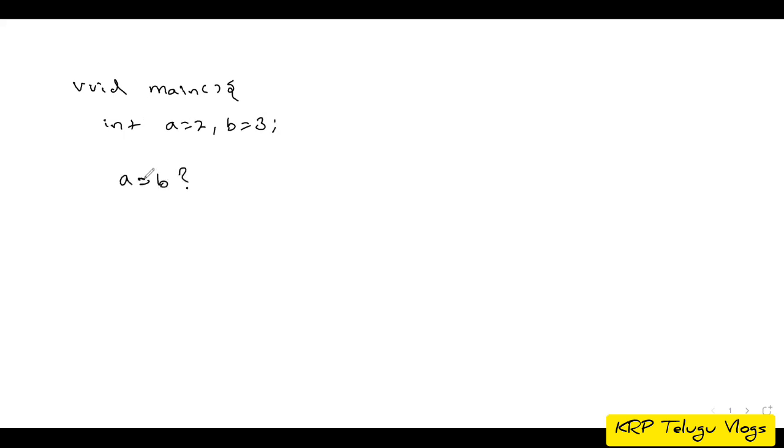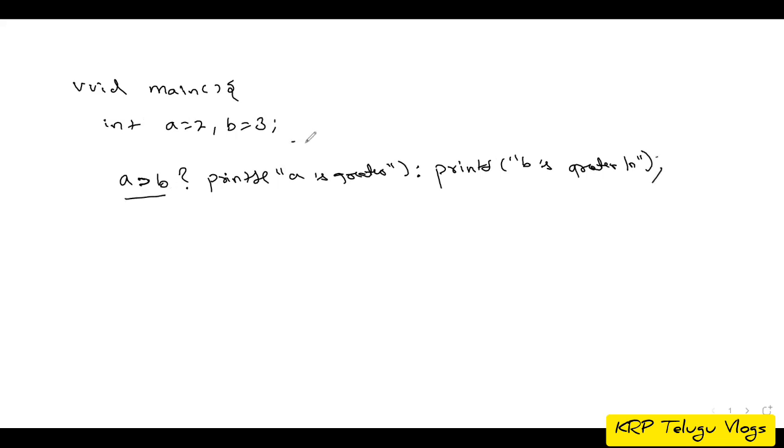If this statement is true, it will execute the statement here: printf a is greater. This is the colon, else printf b is greater. If the statement is true, it will go here. If the statement is false, it will go here. Is that clear?